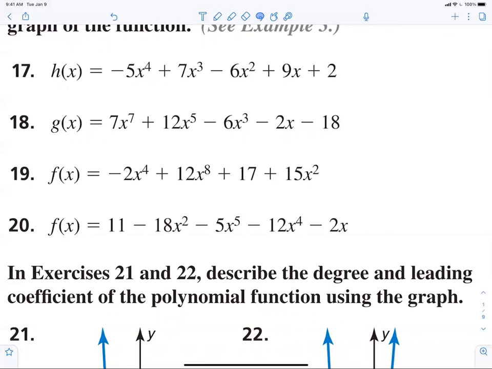Now, again, as X gets big, and I'm on number 17, as X gets big, does the +2 really affect the outcome? No. If I'm at 1 billion and I add 2, does it really matter?